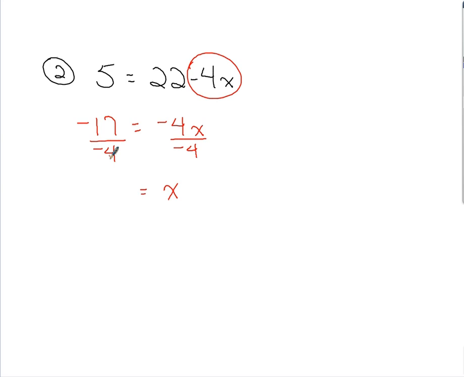Negatives cancel out, and you're left with simply 17/4. If you end up with a fraction, leave it as a fraction answer, just make sure it's reduced. 17/4 is reduced. If you want to make it a mixed number, 4 1/4, to show off your skills, more power to you. But that's an extra step you don't have to take as far as I'm concerned.